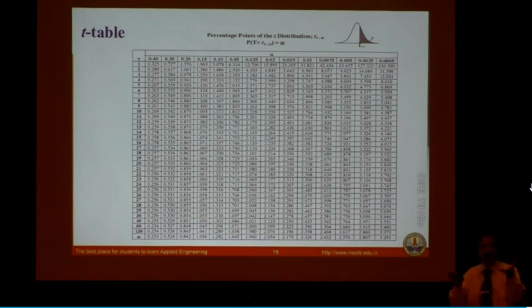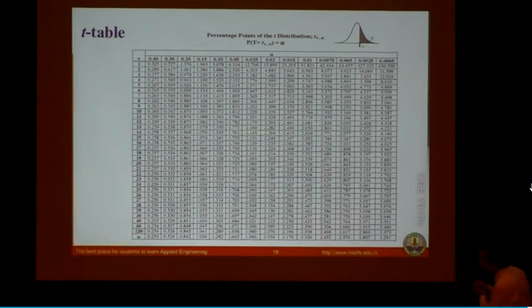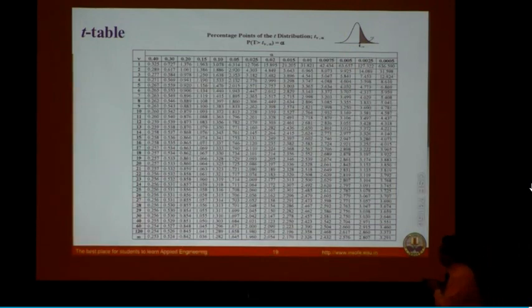In the Z distribution, z are the x-axis values, and all the other values there were giving the probability, the area under the curve. In the T distribution, these are all the t-scores, the x-axis values, and these are alpha values, the area under the curve.